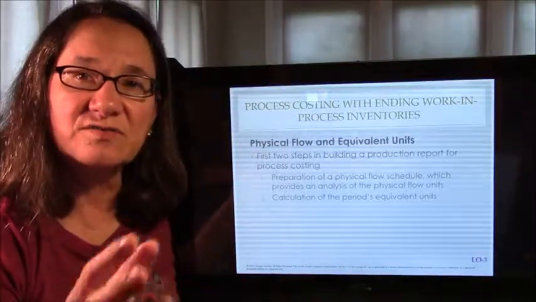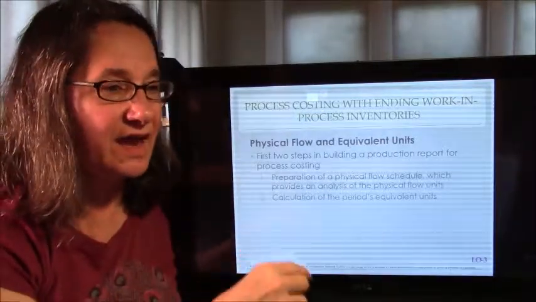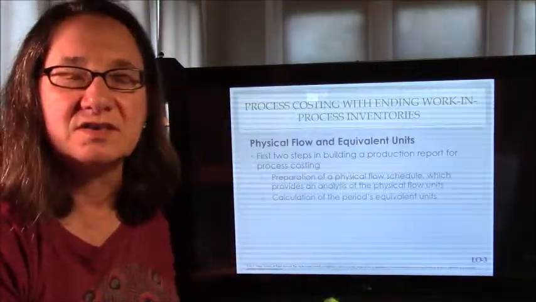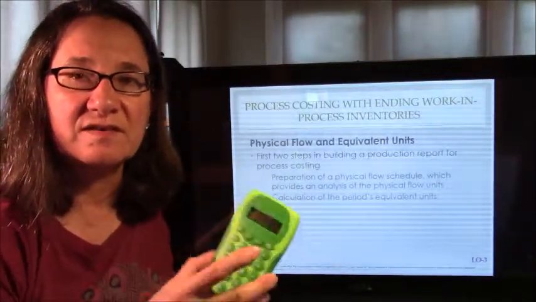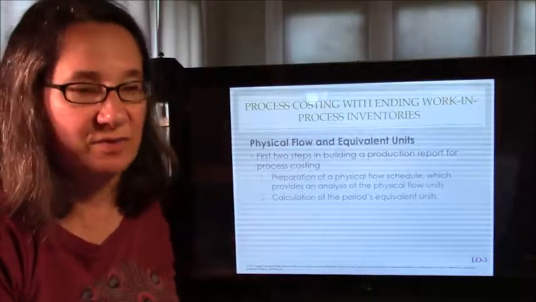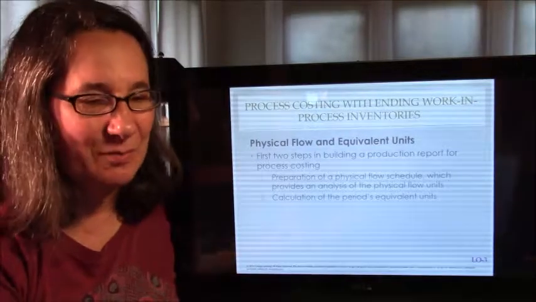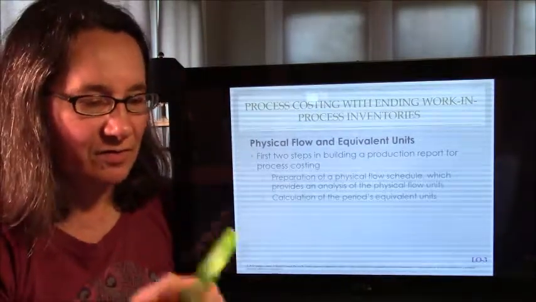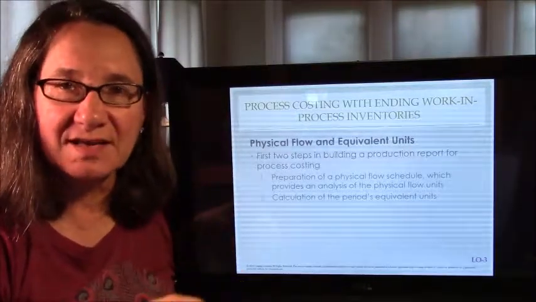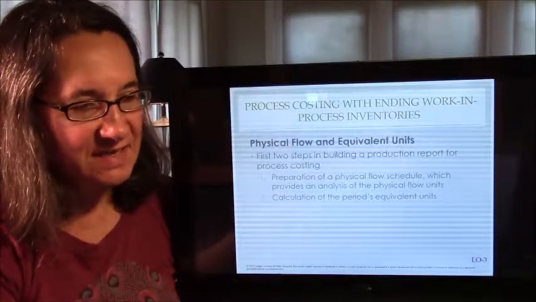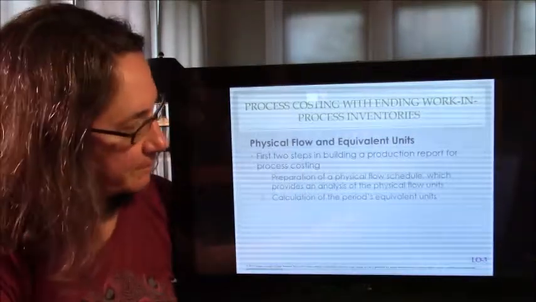And once you understand the physical flow of how many things came and went, now you can come up with an equivalent unit based on, that's the equivalent of 100 going out to the next process and 20% of 100 left in work in progress, whatever. You know, it'll be a lot easier to understand if you watch the video where I work the problems, but that's what we're doing. We're figuring out the equivalent units, which some will be whole units that actually went on, and some will be, based on what's sitting here on the assembly line, we've got 5 equivalent units or something like that, right? Okay.